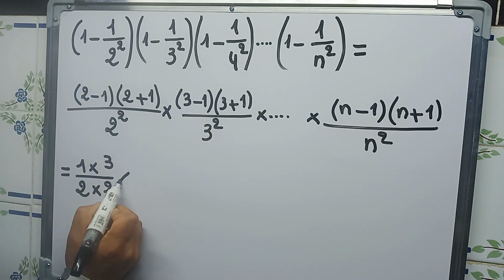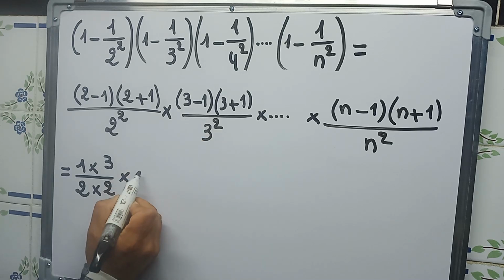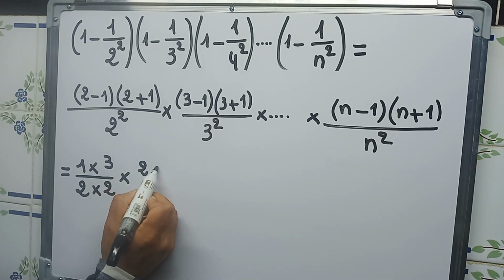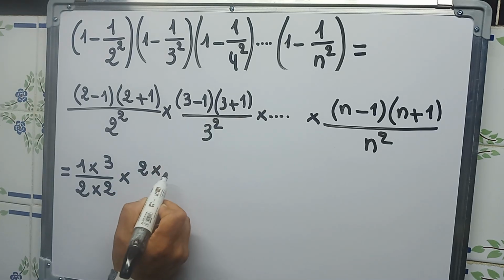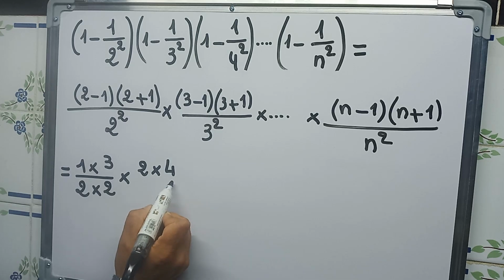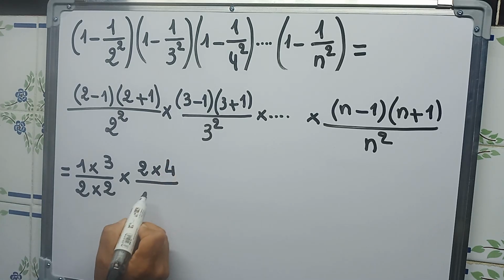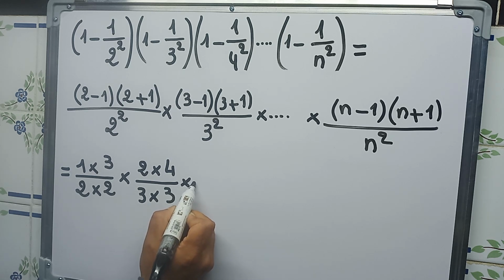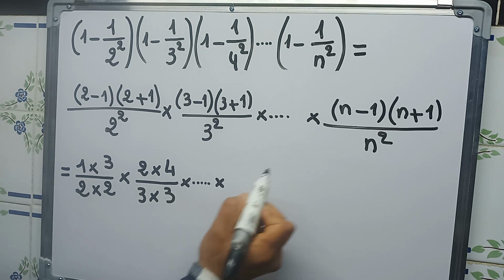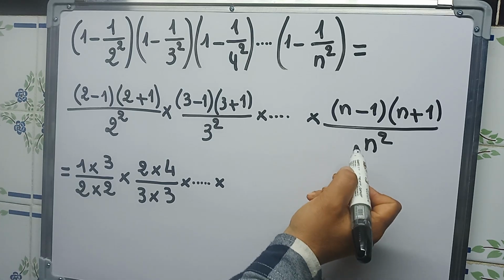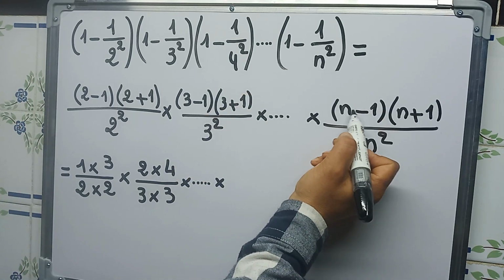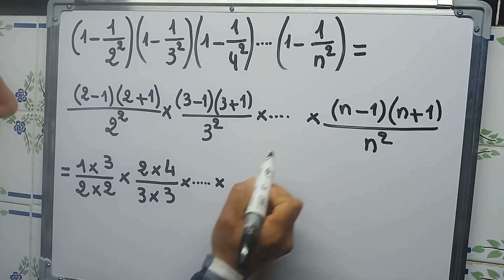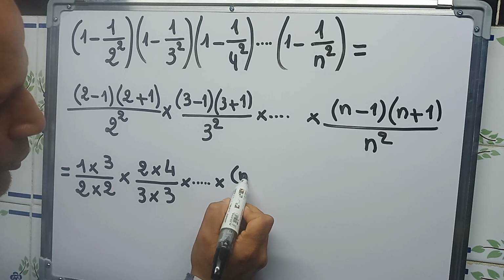The second term, 3 minus 1 is 2, 3 plus 1 is 4, and 3 squared is 3 times 3. And of course, before the last term we have the term with n minus 1, which has n minus 2.